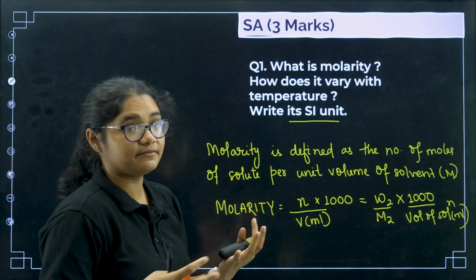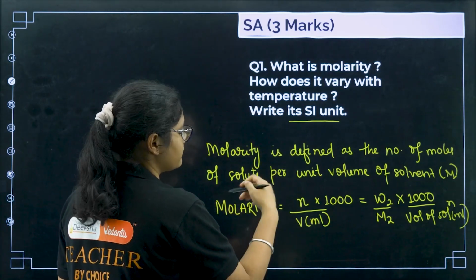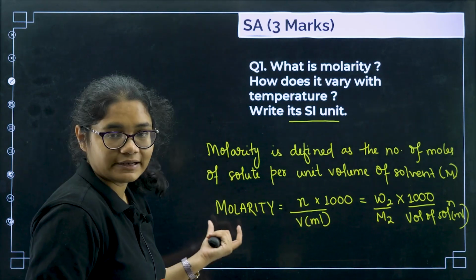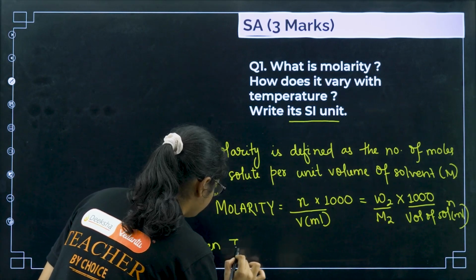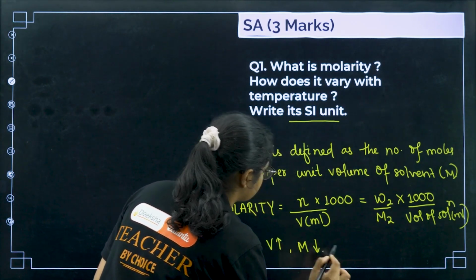Now how does it vary with temperature? If you increase the temperature, volume will increase and molarity will decrease. So you can write down: when temperature increases, volume increases, molarity decreases.